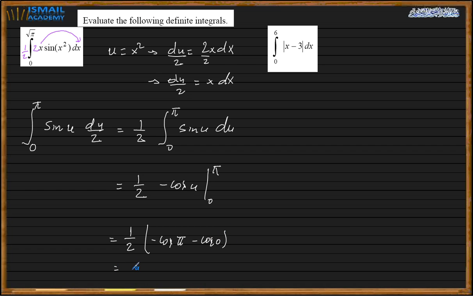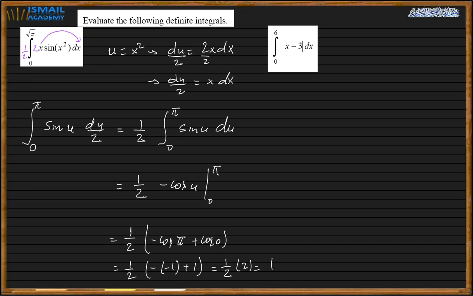Now I just substitute, so it's going to be negative cosine of pi minus cosine of 0. Here the minus becomes positive because it's minus cosine of 0. So it's going to be half of minus 1 plus 1, which is half of 2, which is 1.